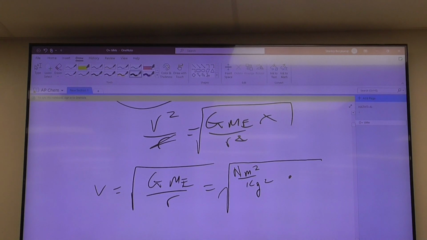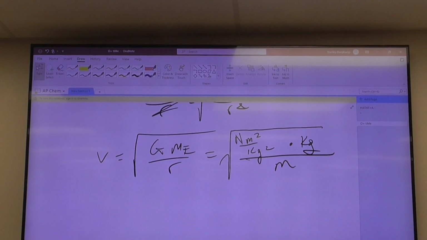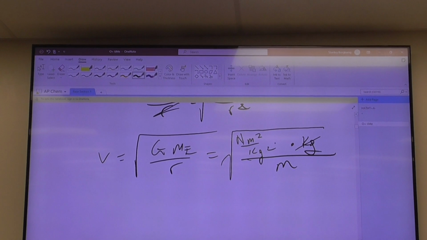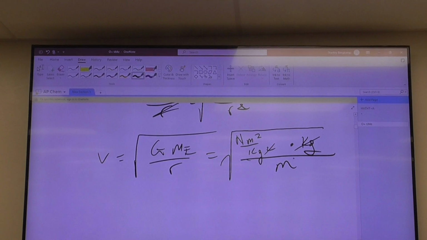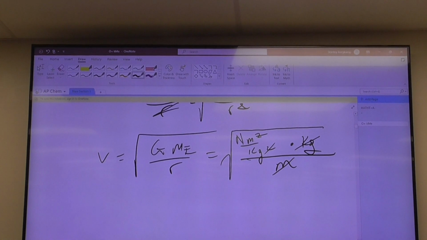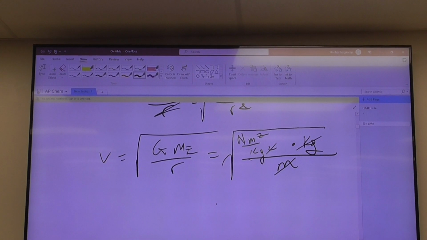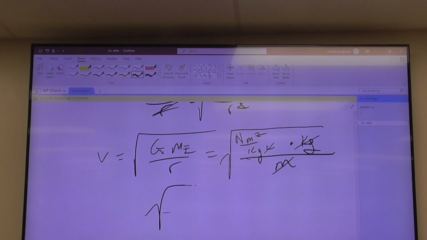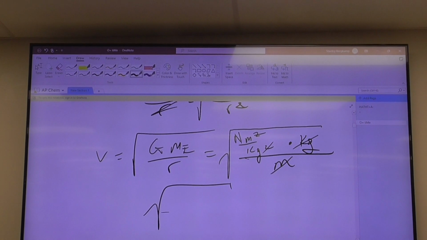The mass of the Earth is going to be in kilograms, and the radius of the Earth is going to be in meters. So right away I'm going to lose one of my kilograms, and I'm going to lose one of my meters. What's another way that I can express newtons?